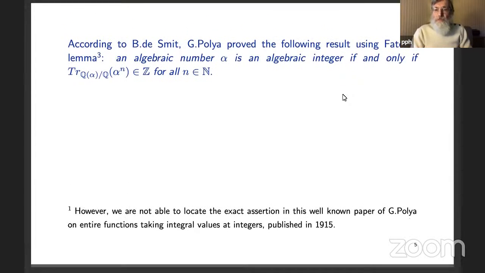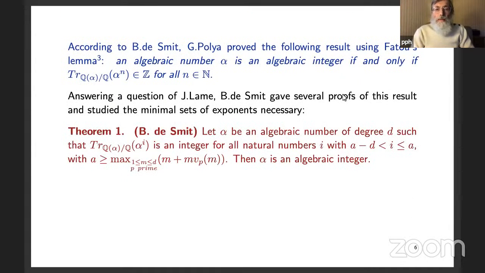And he found the following nice result. If you take alpha to be an algebraic number of degree d, and we assume that the trace over Q of alpha to the power i, for i running from a minus d plus 1 to a, so this is an interval of length d, starting from a minus d, and if we assume that a is large enough, meaning larger than the maximum of m plus m v_p of m, where m runs between 1 and d, d is the degree, and p is any prime.